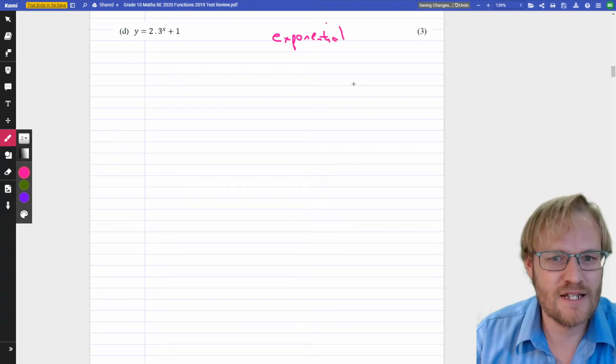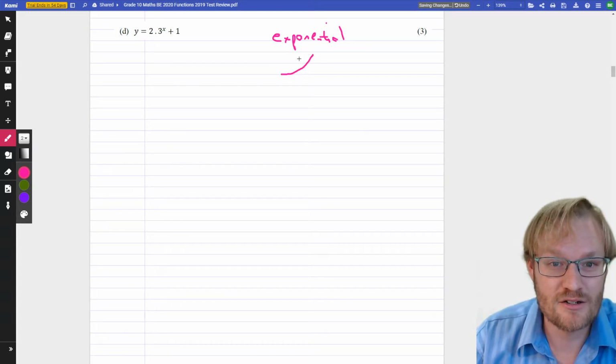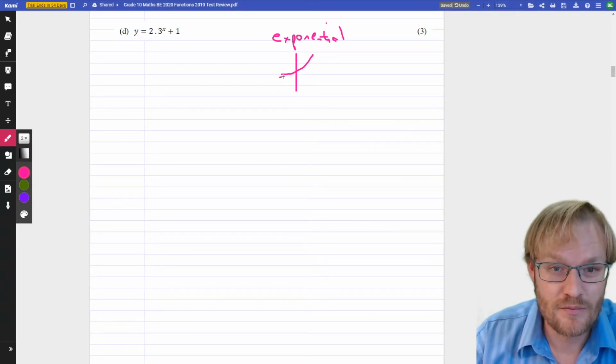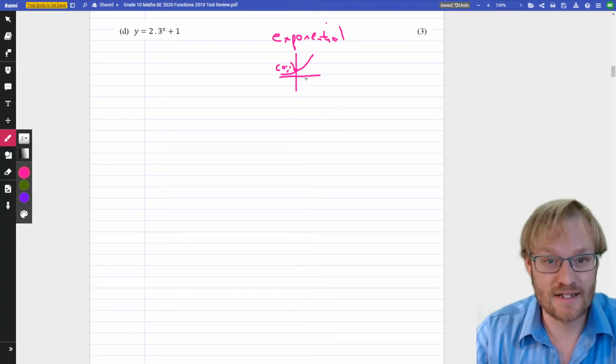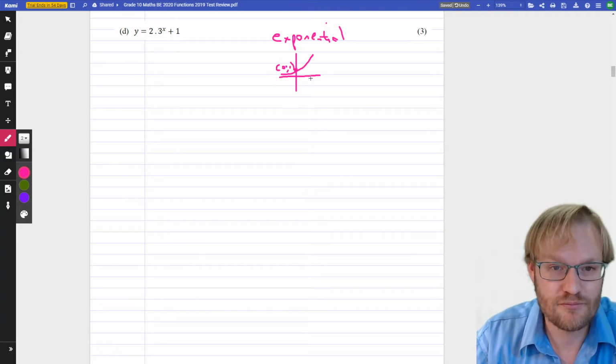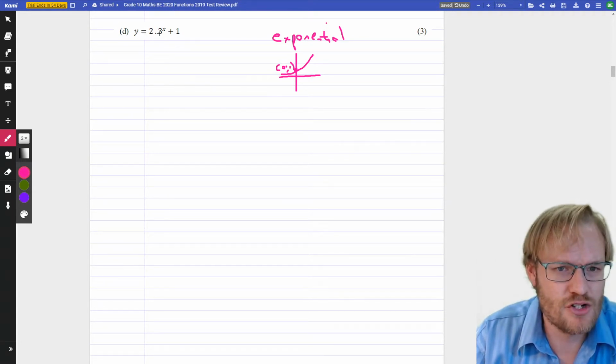So our most basic exponential we know goes like this and flies up. In fact, we know a few more things about it. We know that it goes through the point 0, 1, and we know there's an asymptote on the x-axis at y equals 0. Now this one, what's it doing? It's first multiplied by 2.